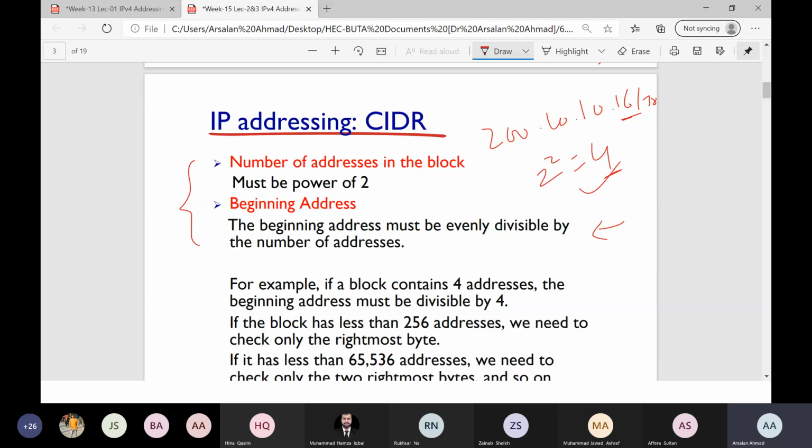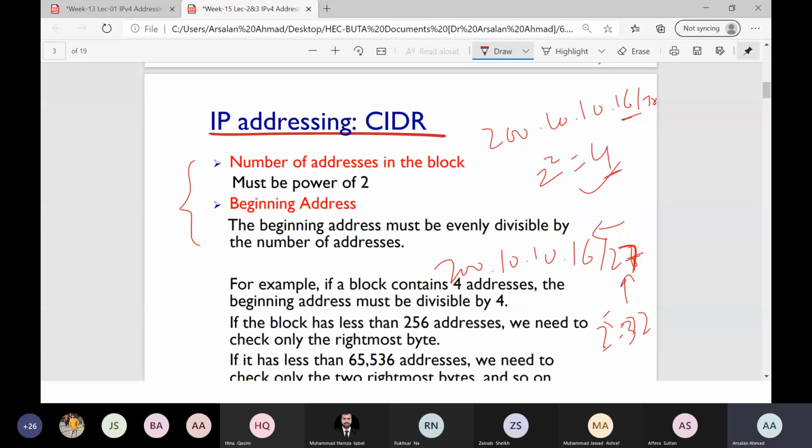If I write something like 200.10.10.16/27, I want to give a wrong example. In this scenario, how many host bits do I have? 5 host bits. 2 raised to power 5 is 32. Is 16 evenly divisible by 32?